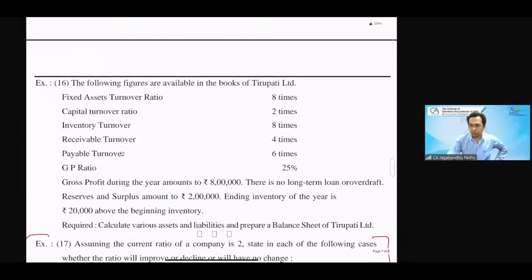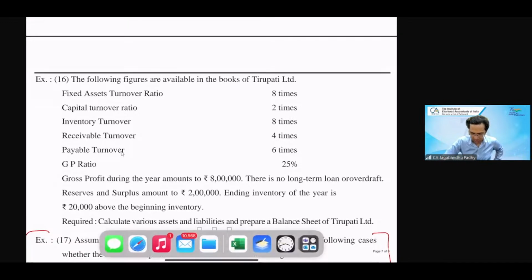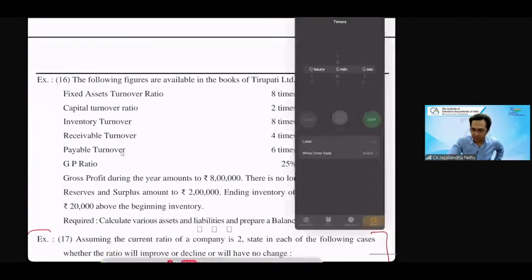Would you like to solve question 16 first and then I'll follow? Okay, great. Again, I'll give you the same 5 minutes timer.